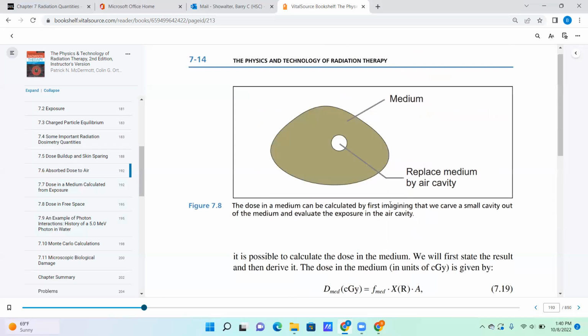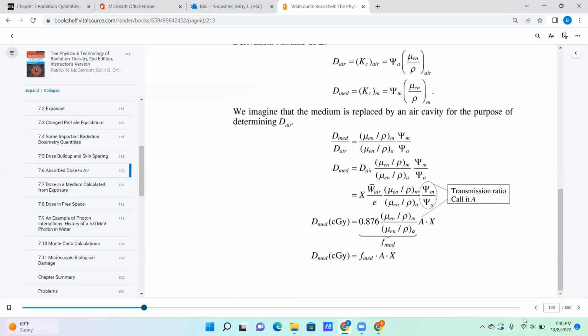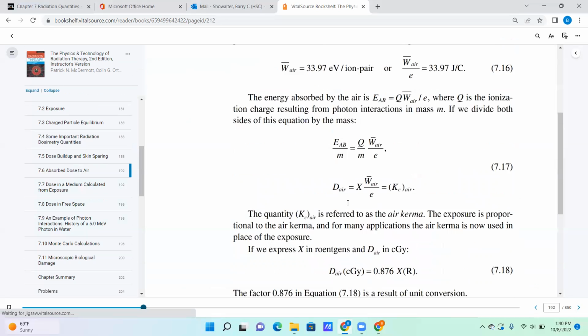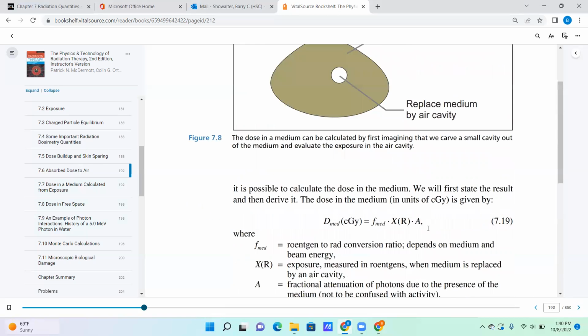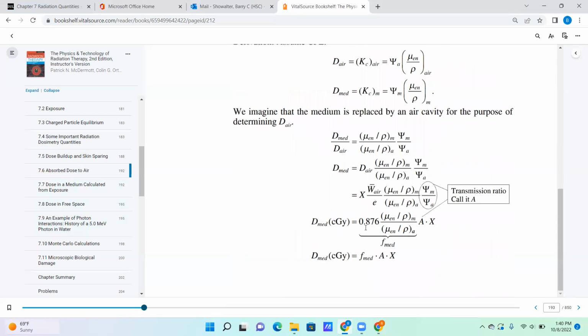And let's also go back. We know that this value here, when we're dependent upon roentgens, we know it's going to be this. So we end up putting this value in.